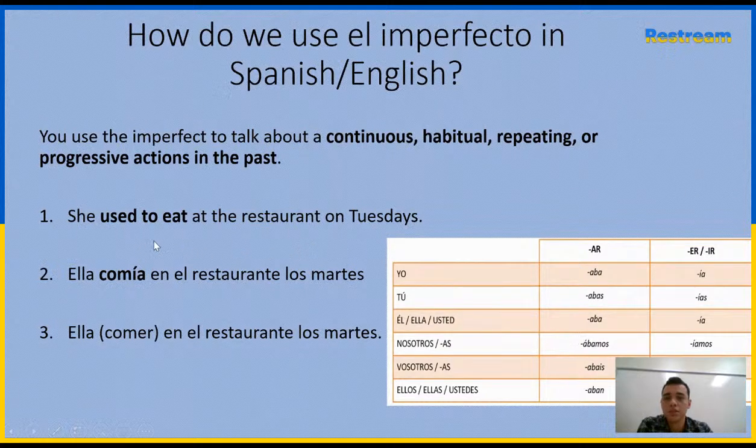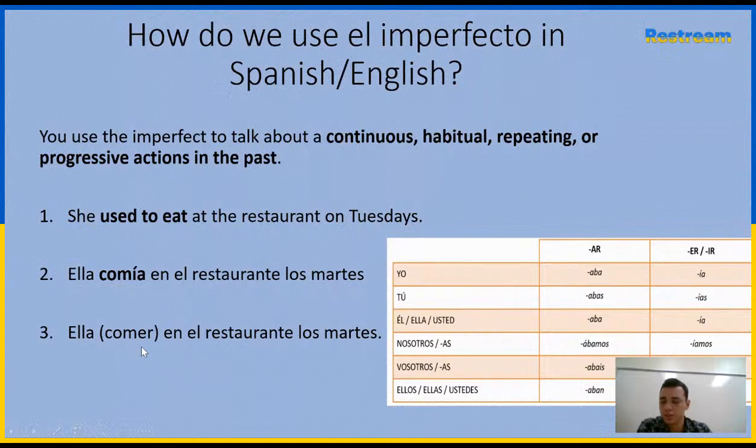The sentence "She used to eat at the restaurant on Tuesdays" translates to "Ella comía en el restaurante los martes." In the second sentence, the verb comía has already been conjugated with the imperfect tense. The infinitive form, or the basic form, of comía is the word comer, and it means to eat.